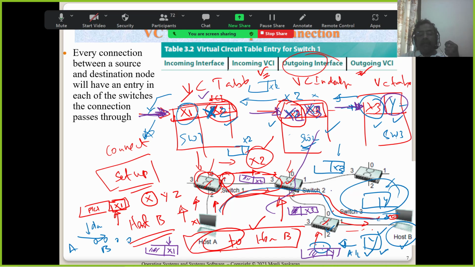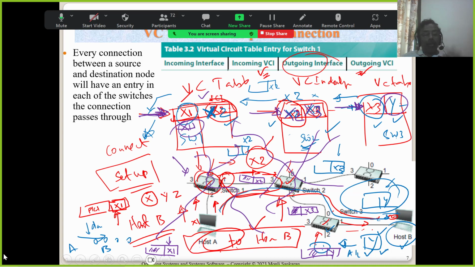Many circuits can be going through this switch, but it identifies every circuit using that ID. Why is the choosing of this ID given to that switch? Because only it knows the unique entries that it has to have. X1 it is choosing, some other number x11 should be different from x1. So each switch has to have its own unique ID.